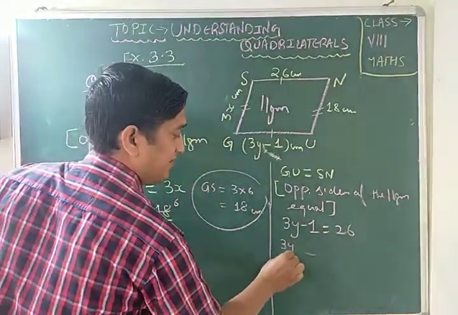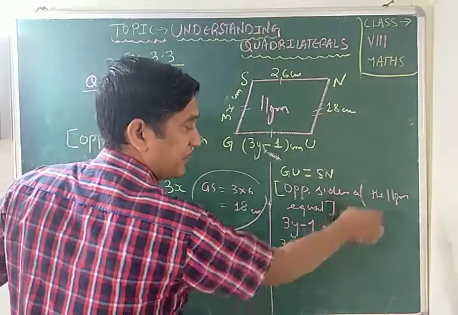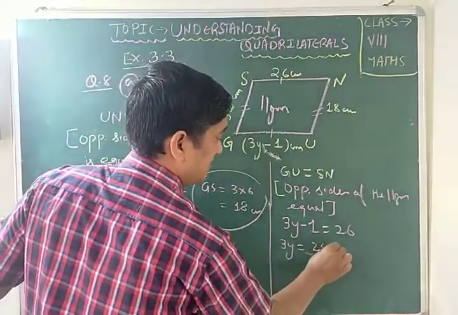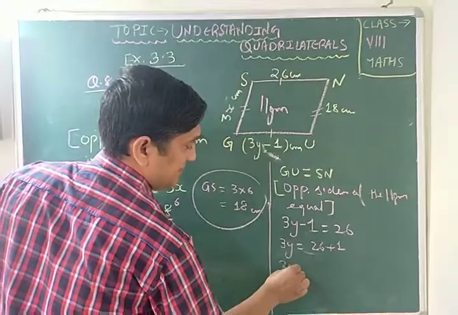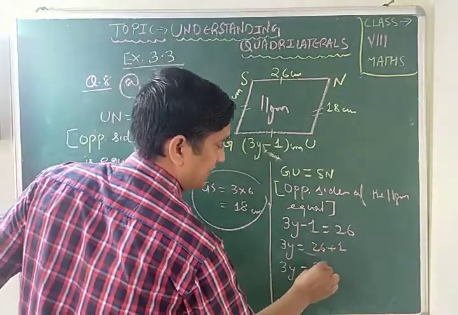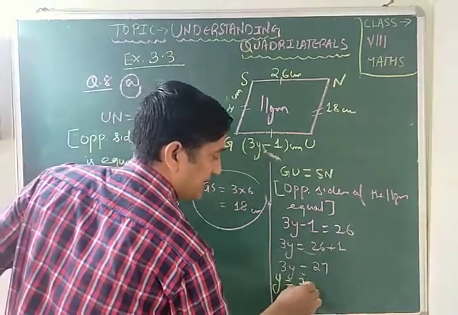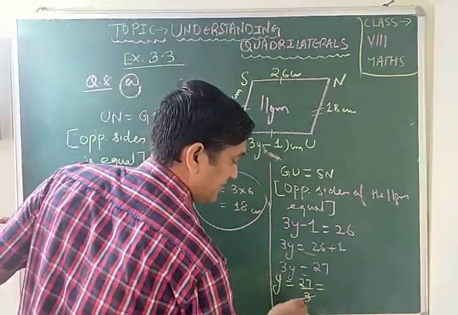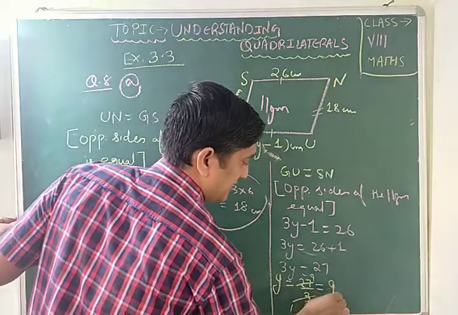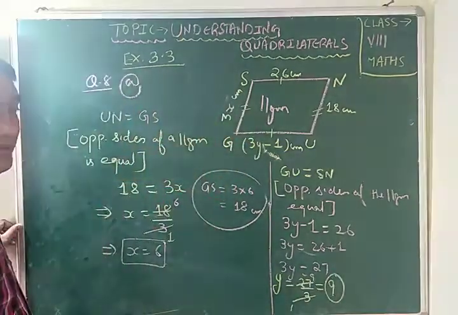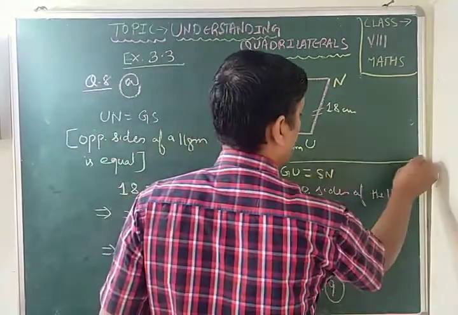So 3y, we will transpose this minus 1 towards the right-hand side. 26 plus 1 becomes 27. So the value of y is equal to 27 upon 3. 3 ones are 3, 3 threes are 9. Y is 9.